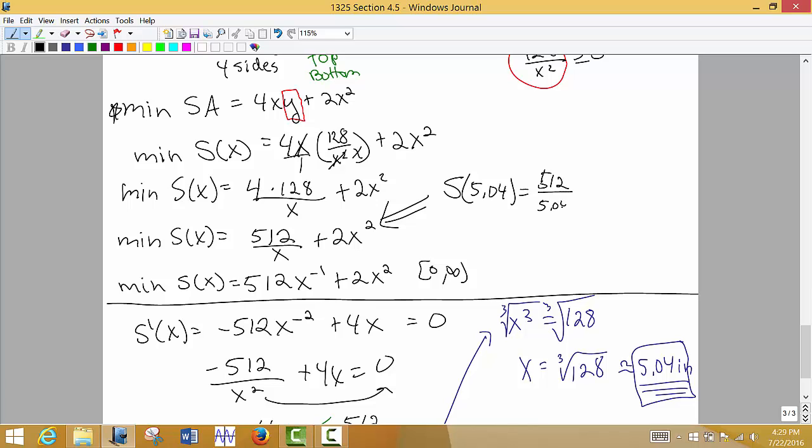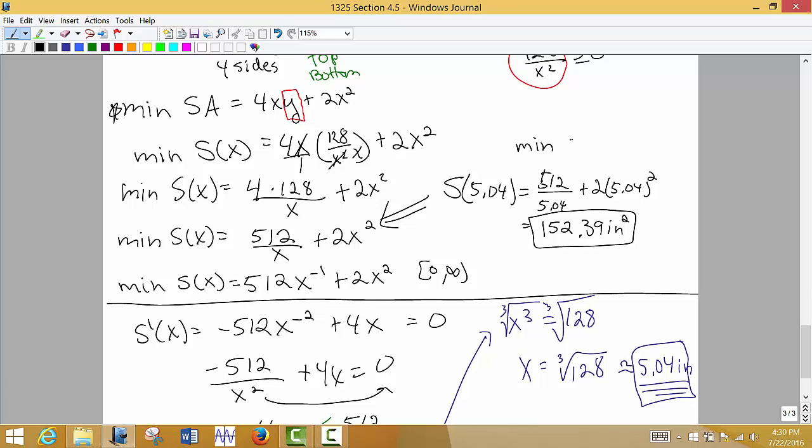So it's 512 divided by 5.04 plus 2 times 5.04 squared. Throw that in the calculator basically exactly as you see it there, and we end up getting a minimal surface area of 152.39 inches. And of course it's squared because we're talking about an area.